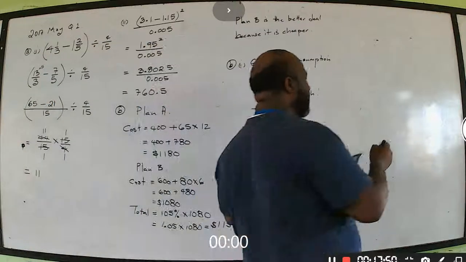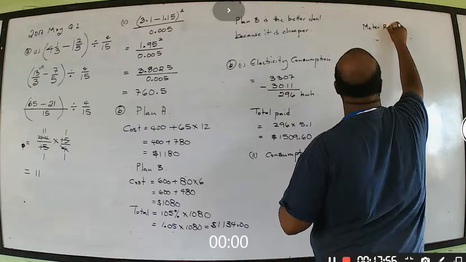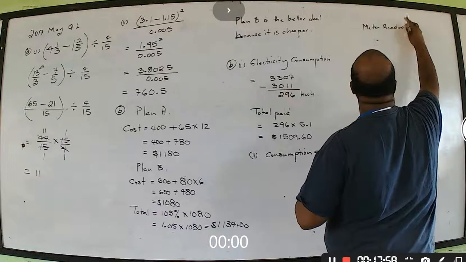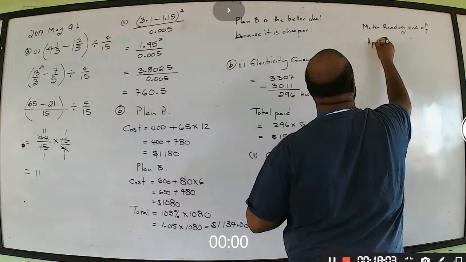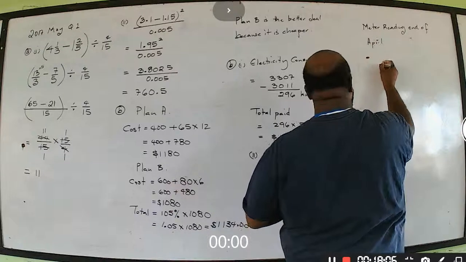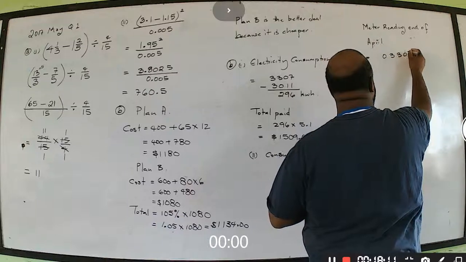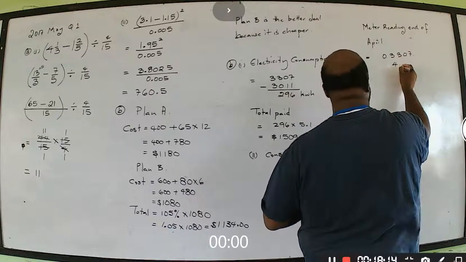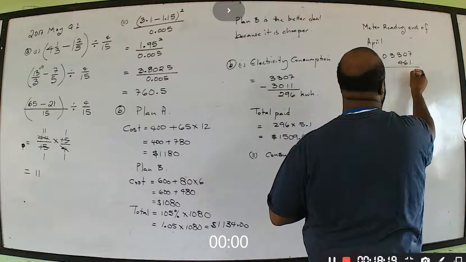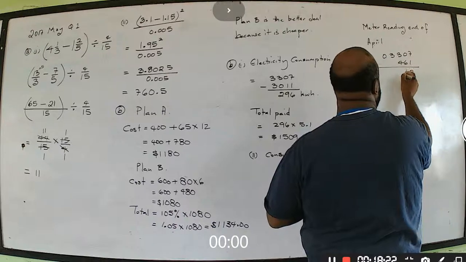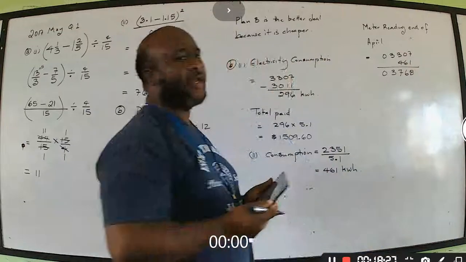All right, so the meter reading at the end of April would be 3307 plus 461. This is 3,768.